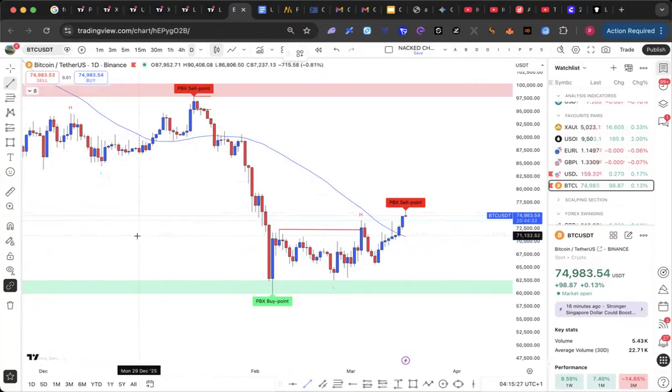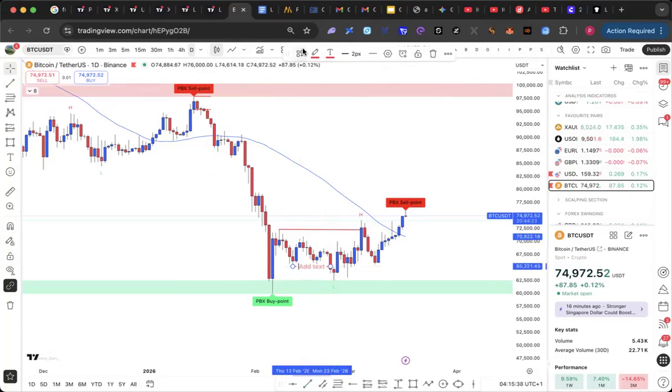Okay? So we have this. Then we have a structure here again. So this is a breakout structure. So it went up. So this one creates another internal high.